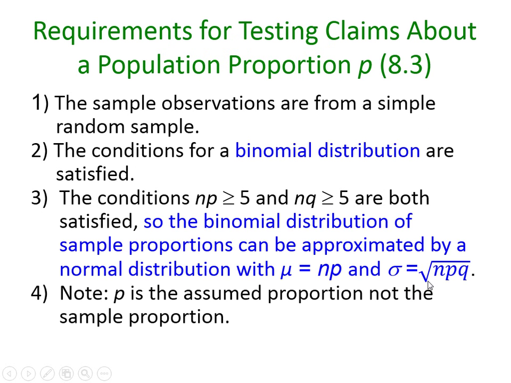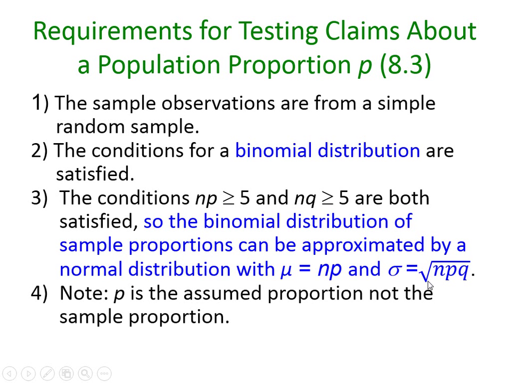Requirements for testing claims about a population proportion P. First, the sample observations are from a simple random sample. The conditions for a binomial distribution are satisfied. The conditions that n times p is greater than or equal to 5 and n times q is greater than or equal to 5 are both satisfied.